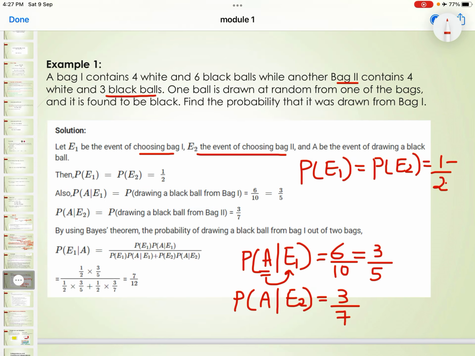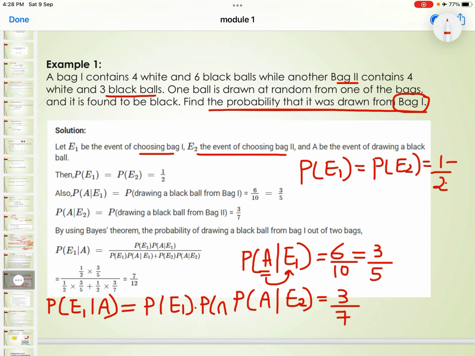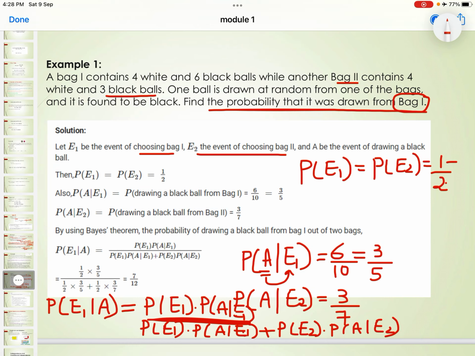Now by using the Bayes theorem, you need to find the probability that it is drawn from bag 1. So probability that the ball is drawn from bag 1 given the ball is black is nothing but probability of E1 into probability of A given E1 upon probability of E1 into probability of A given E1 plus probability of E2 into probability of A given E2.